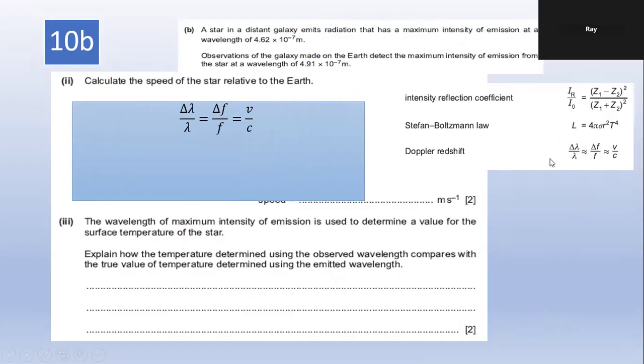They won't give you a mark for quoting that. You're just using this one and that one there. And v is c times that. This is the wavelength minus that wavelength, divided by this wavelength. This is the actual wavelength on Earth, and times the speed of light.